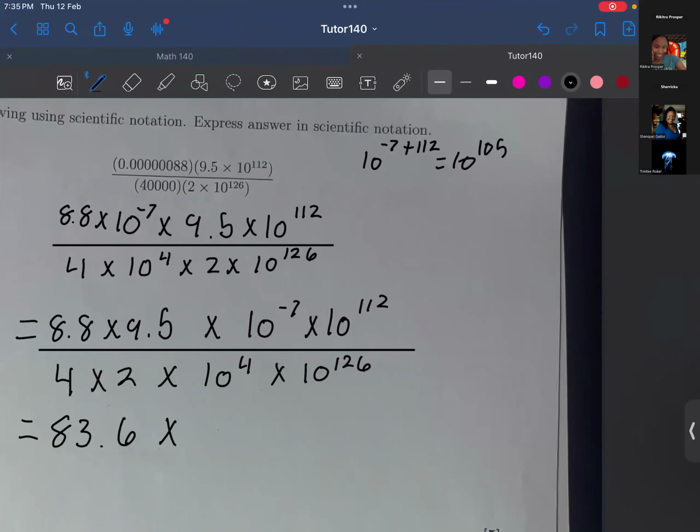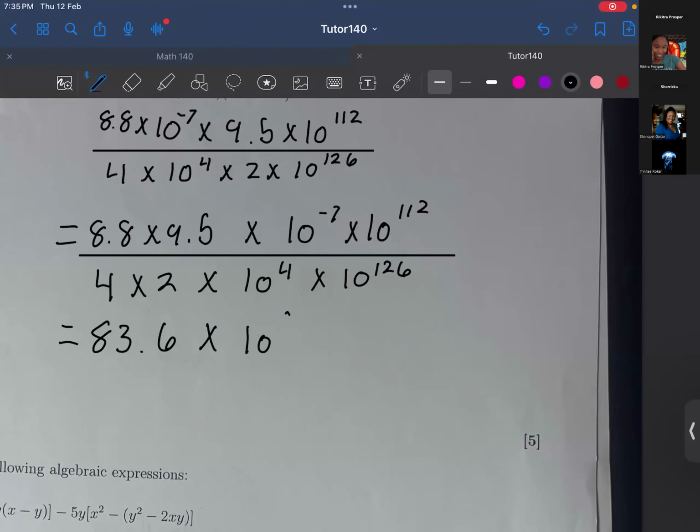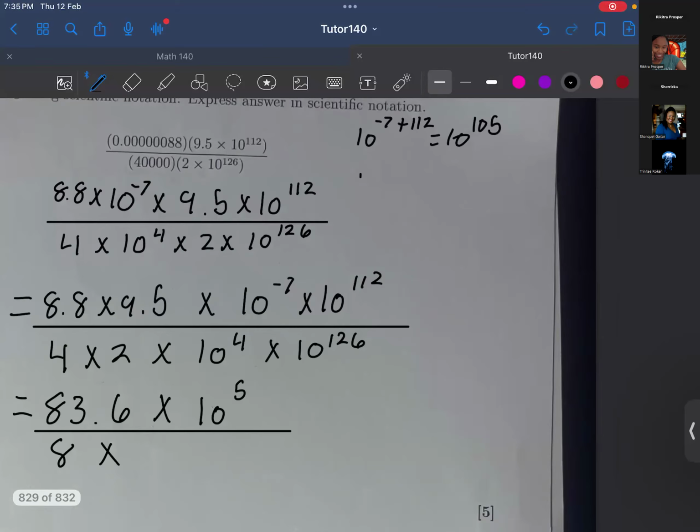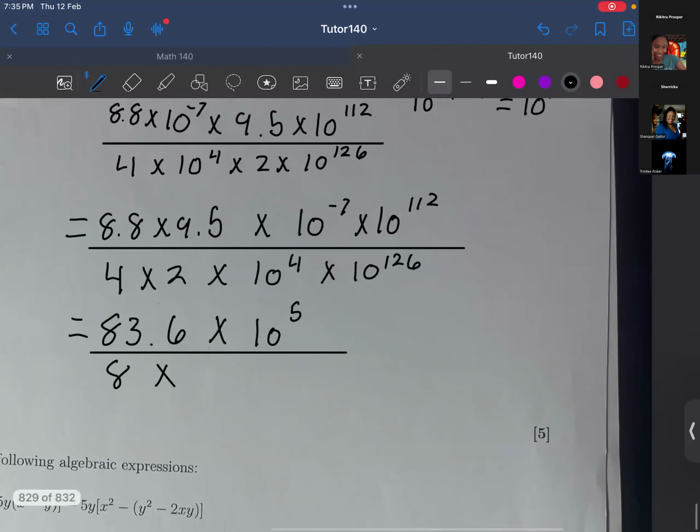So 10 to the power 105 in the numerator, divided by 4 times 2, which is 8, times 10 to the power of 130. Because if we have 10 to the power of 4 times 10 to the power of 126, that's 10 to the power of 4 plus 126, which is equal to 10 to the power of 130.